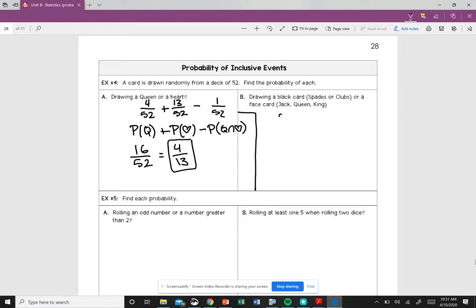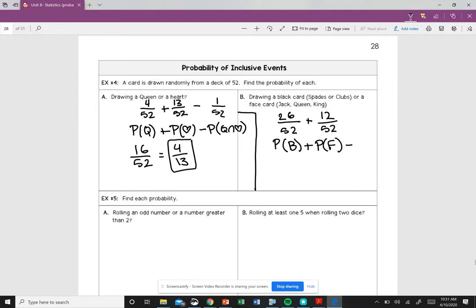Okay. So on this next one, it says, what's the probability of drawing a black card? So there are 26 out of the 52 cards that are black. So this is the probability of black. Okay. Or a face card. So plus. Now there are 3 face cards for every suit. So that'd be 3 times 4. So that's 12 out of 52. So this is the probability of face cards.